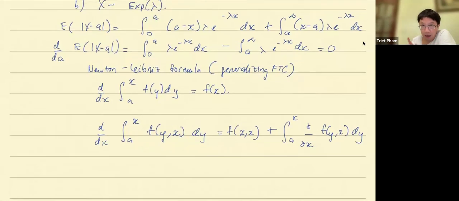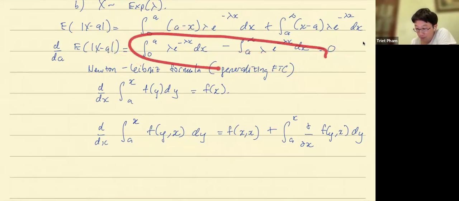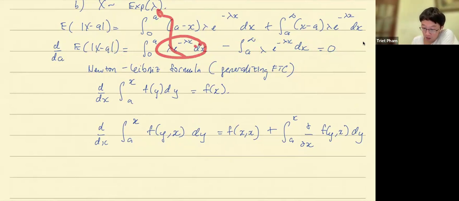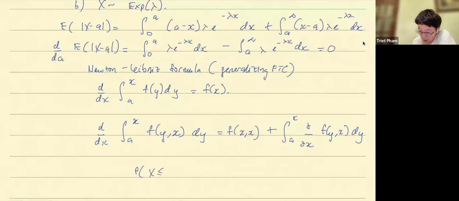Now, that's not the end of the story. This is just giving you a nice equation to solve. You still have to solve for a. But this equation has a lot of meaning. Do you see what that means? Don't forget, this is the density of the exponential. So the first one is the probability that the exponential is less than or equal to a.